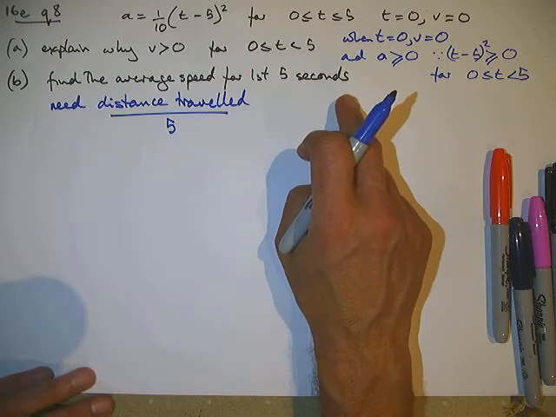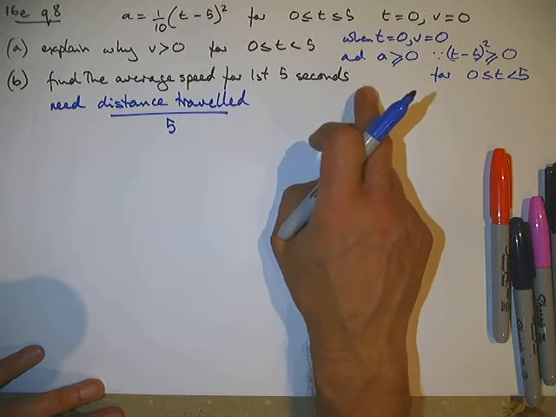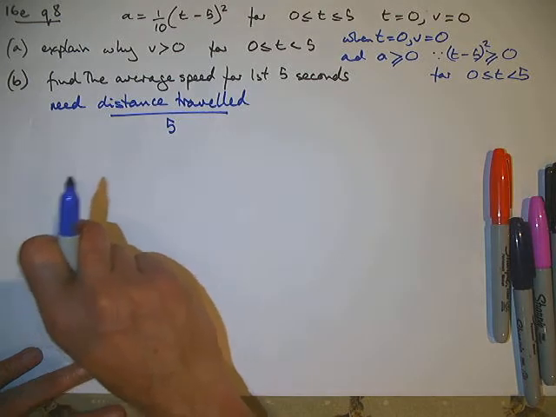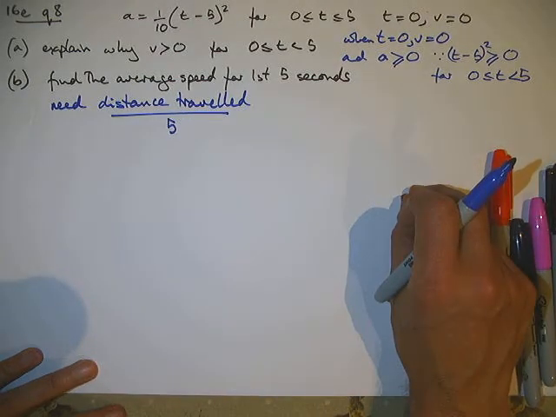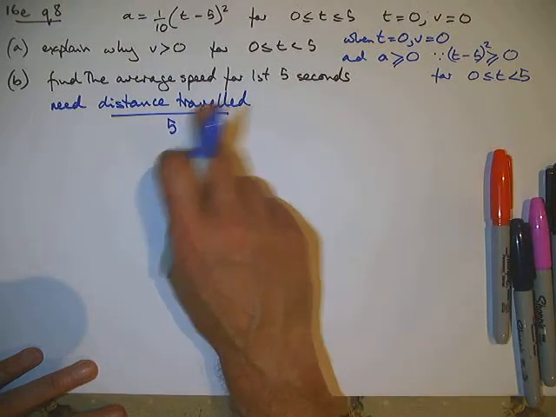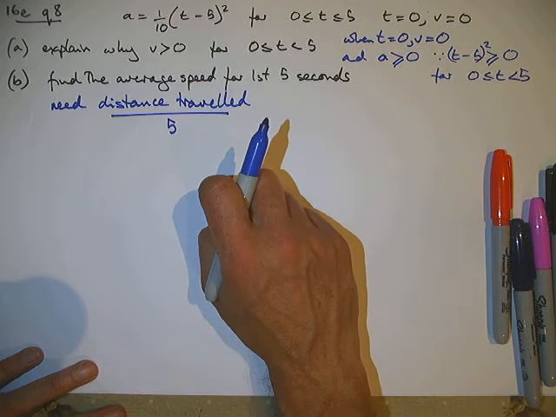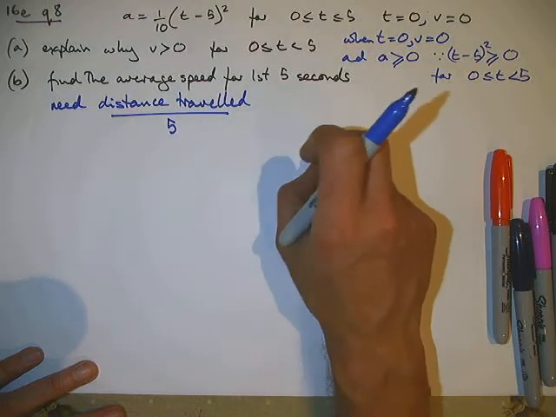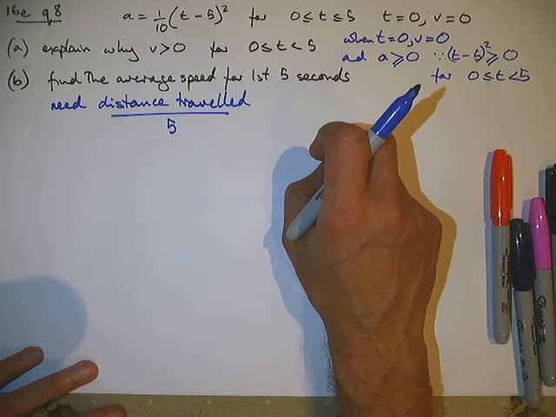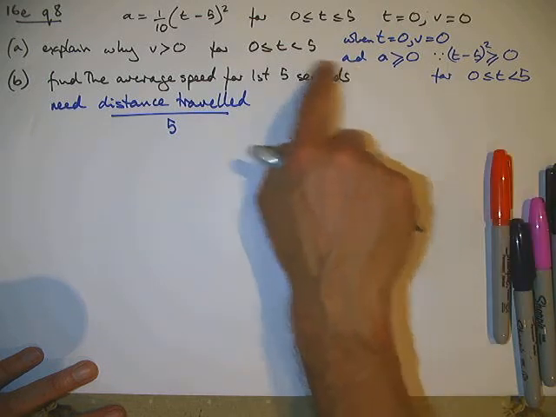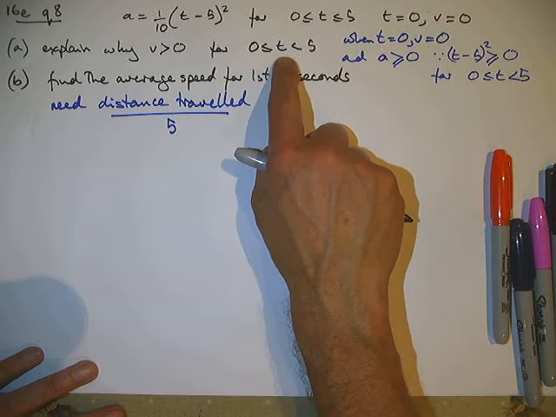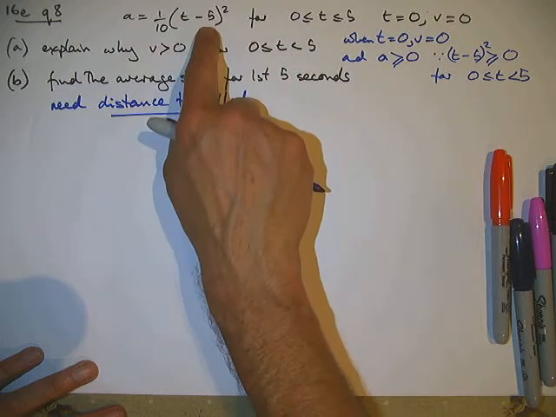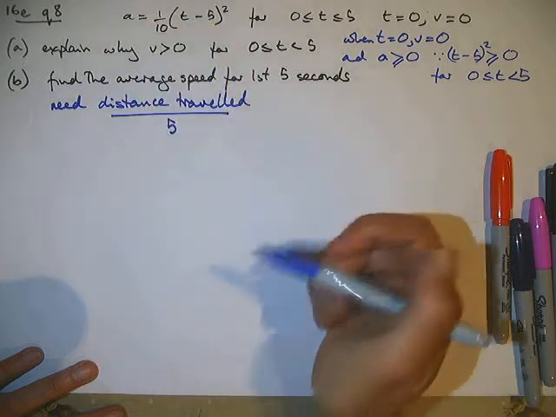One important thing to say is, because the velocity is always positive, because the object is always moving forwards, the final displacement will be the distance travelled. Okay? In this time period, the velocity is never 0. Because it's accelerating, the acceleration is positive all the time. There's never a point when the acceleration is negative.